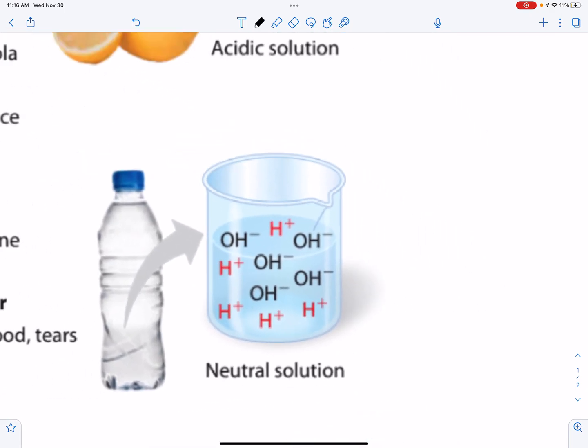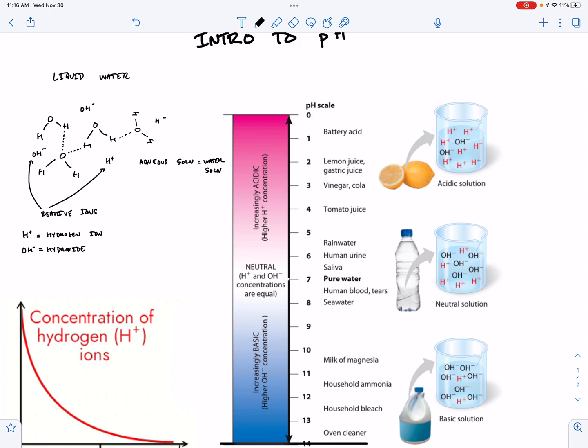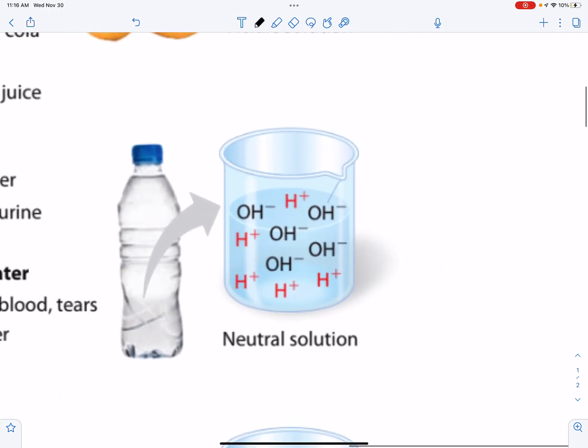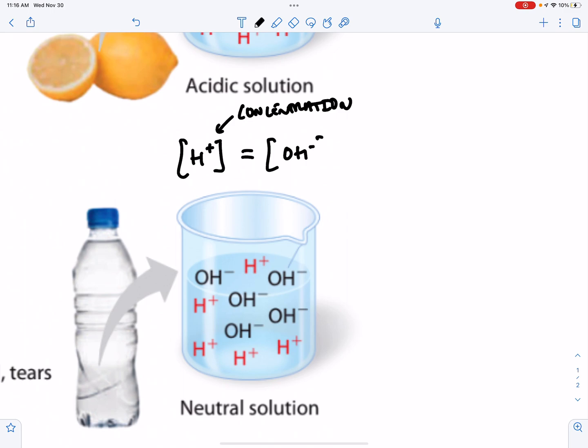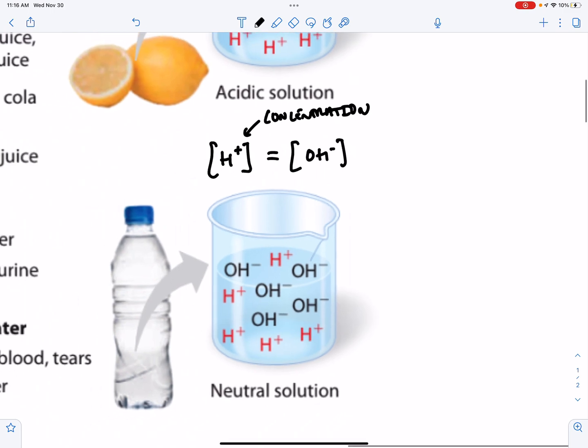In a neutral solution, any neutral solution, so if something has a pH of 7, this means that the concentration of the hydrogen ion, and these brackets are just a fancy way of saying concentration, the concentration of H+ is going to be equal to the concentration of OH- or hydroxide.